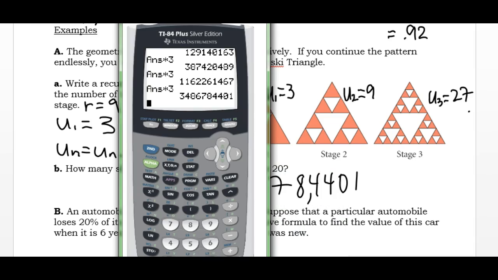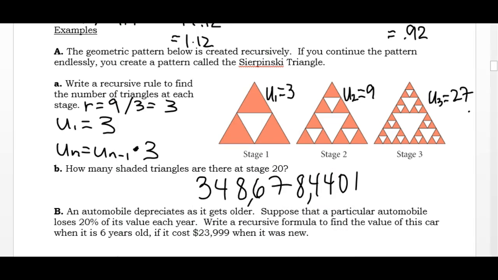I had my comma in the wrong spot. Okay, right there. 3,486,784,401 shaded triangles.